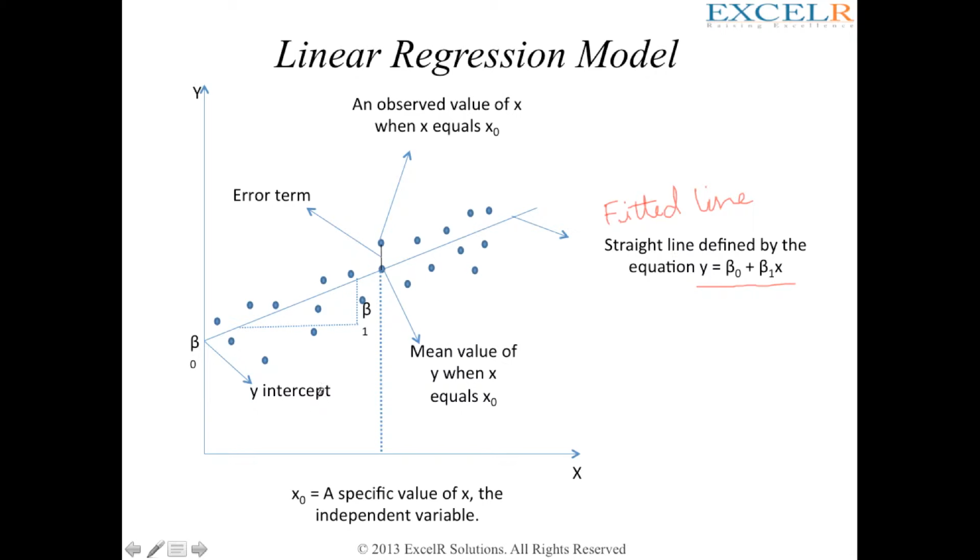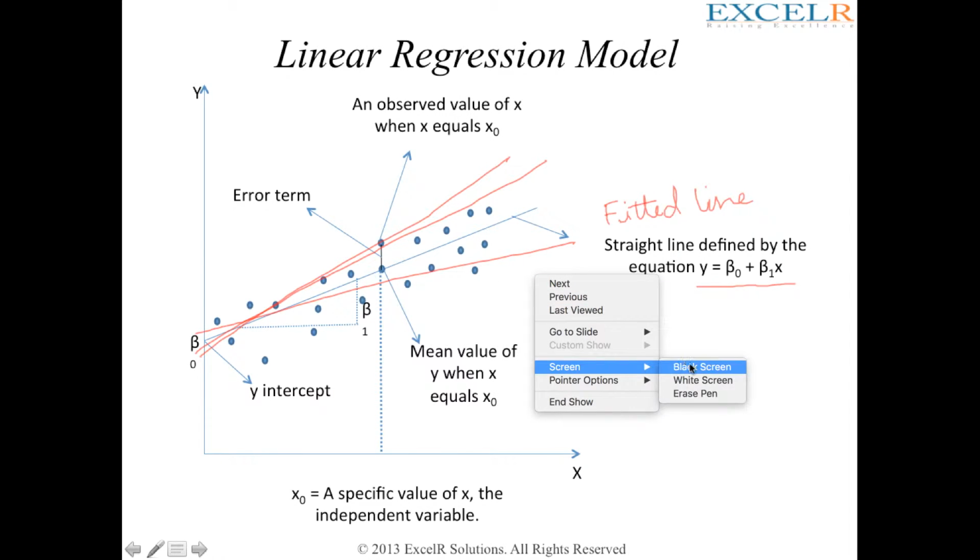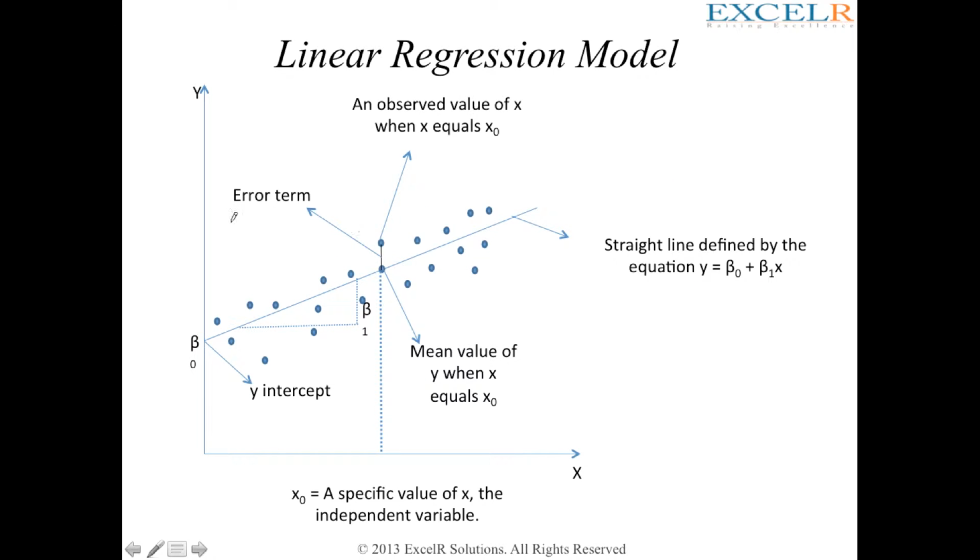How is this line determined? Why can't I draw a line like that? Why can't there be a line like that? In this way, there are infinitely many lines possible. How is the best line determined?